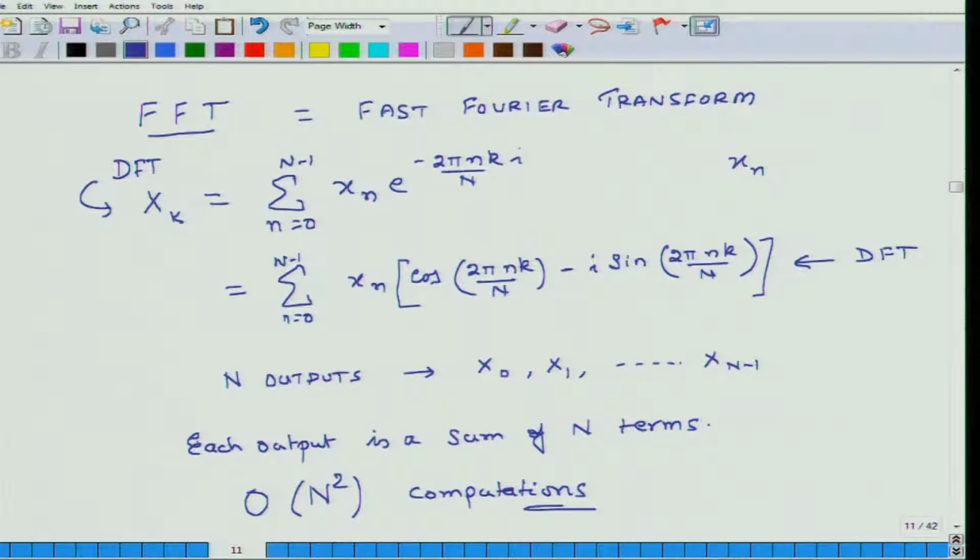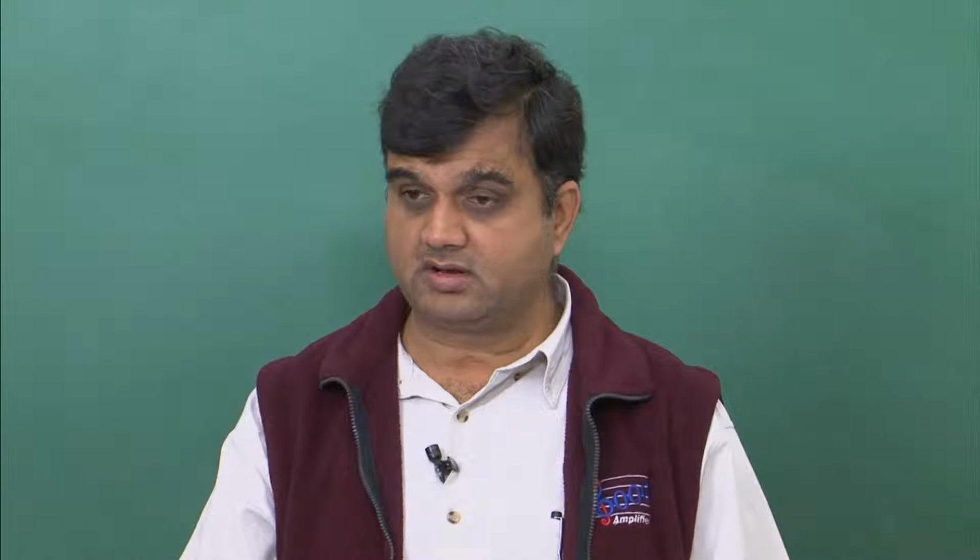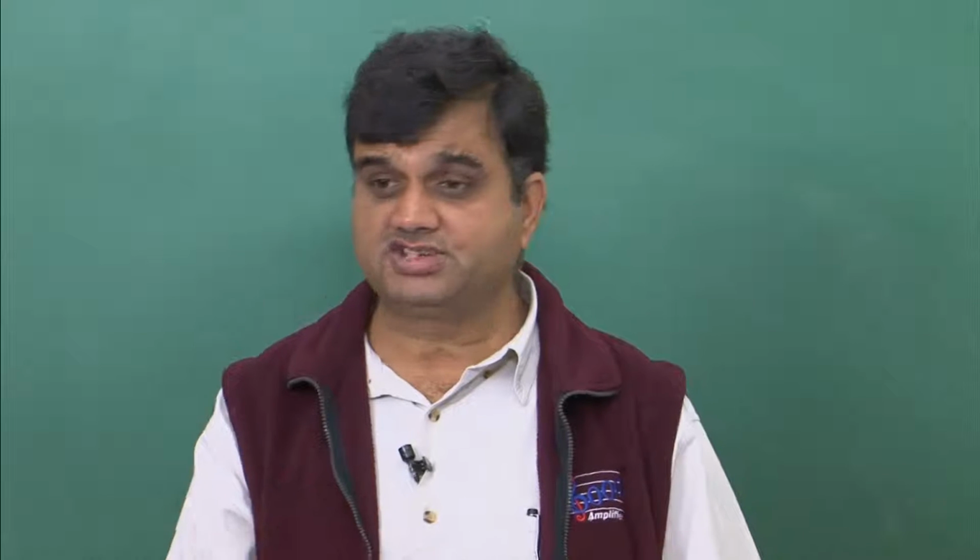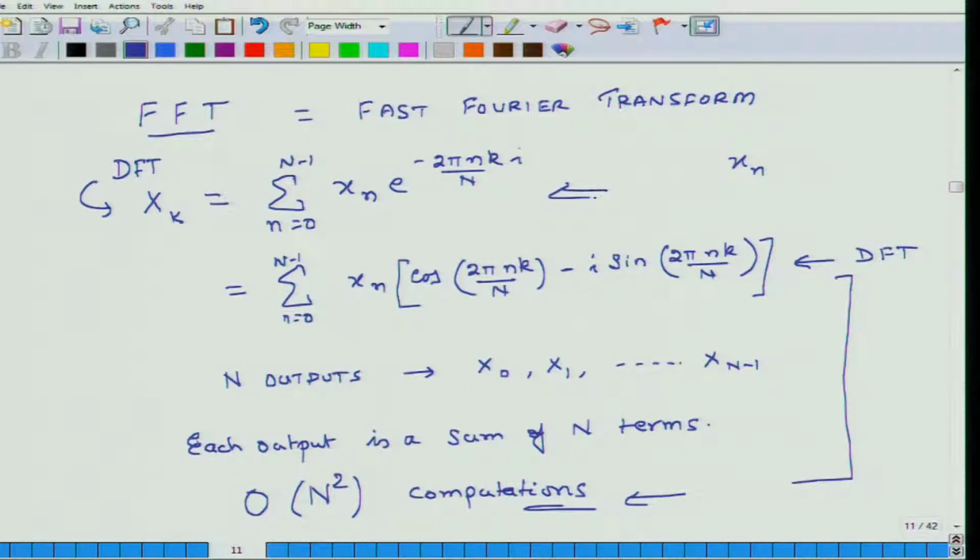So, that is what FFT is all about. If you do it using this regular approach, the number of computations will be of the order of N squared. If you do it in a faster and smarter way, the formula is the same, the mathematics does not change, then you call it a fast Fourier transform.